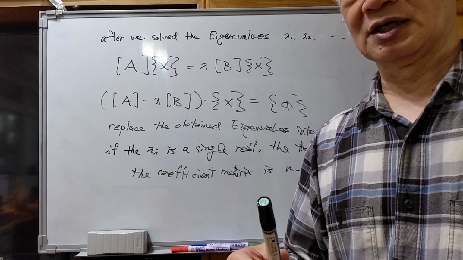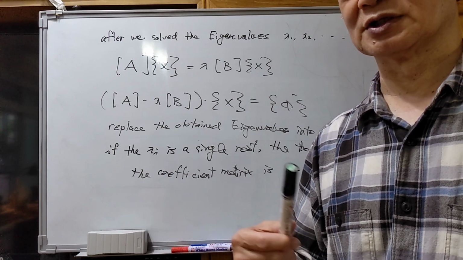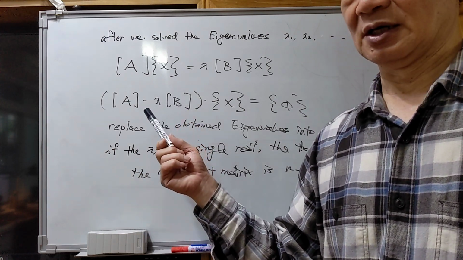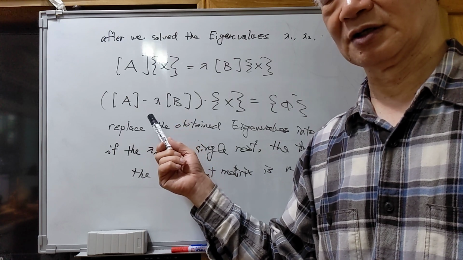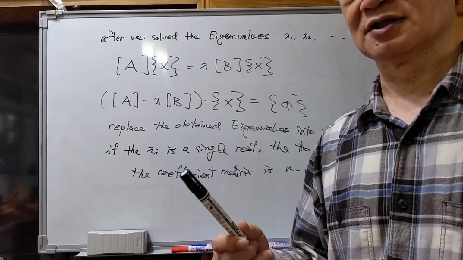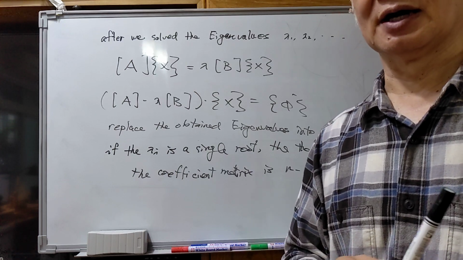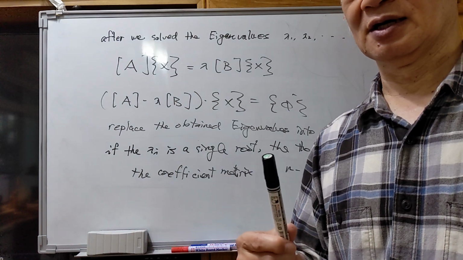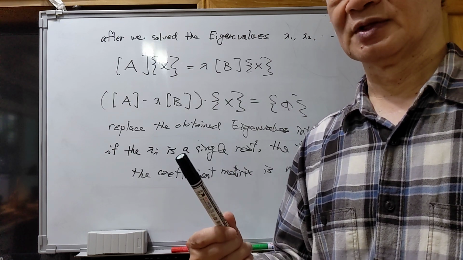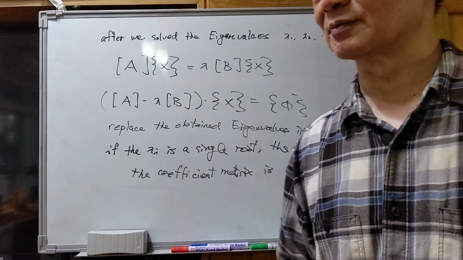However, the number of degrees of freedom, or the dimension of the solution vector space, depends on the character of the eigenvalue lambda I. If lambda I is a single root, then we can find one independent eigenvector. And if lambda I is a double root, then we can find two independent eigenvectors for the same lambda I.